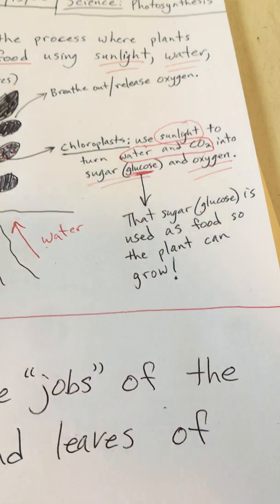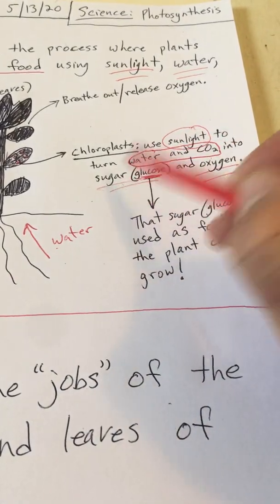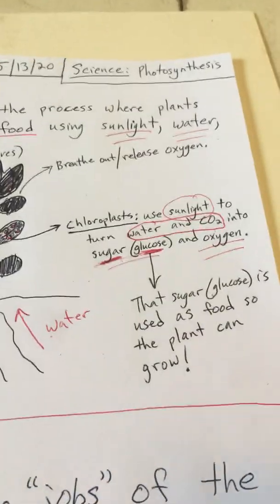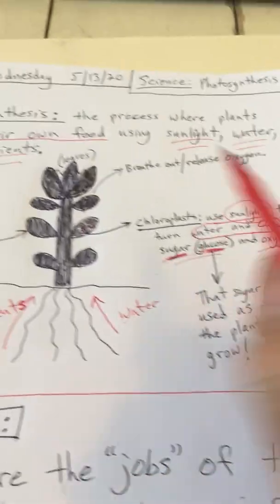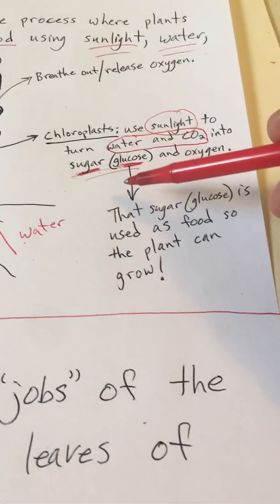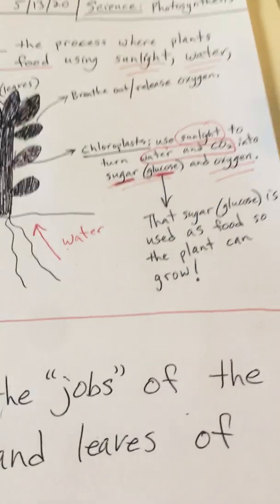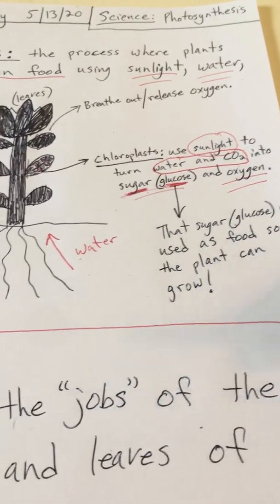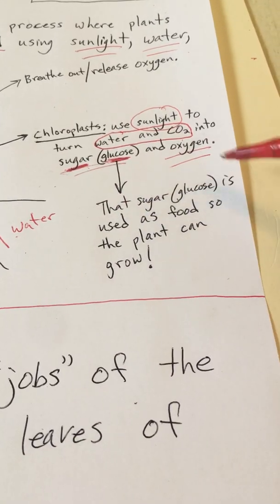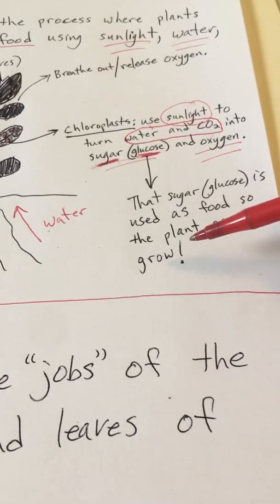So they take in sunlight, use the water and carbon dioxide, and turn that into a sugar that they then use to feed themselves. And they release oxygen at the same time. Okay? So that glucose, that sugar they make in the chloroplasts, is used as food so the plant can grow.